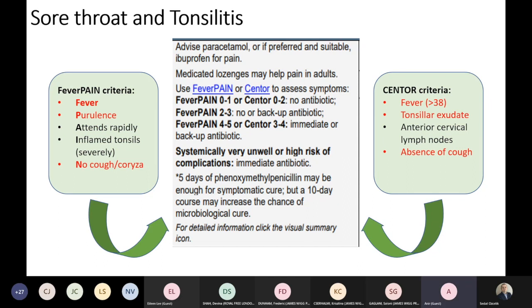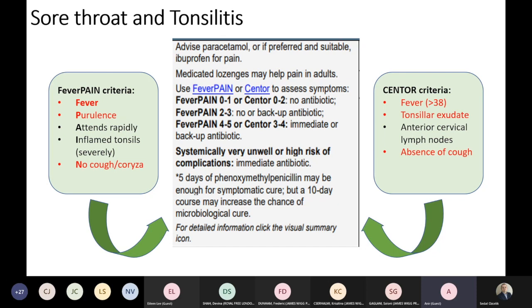The recent NICE guidelines say that we can use 5 to 7 days, but sometimes this may not be enough to completely resolve the sore throat. So essentially, using this criteria is very helpful to decide the likelihood of it being a viral tonsillitis as opposed to a bacterial tonsillitis, and the need to prescribe antibiotics.